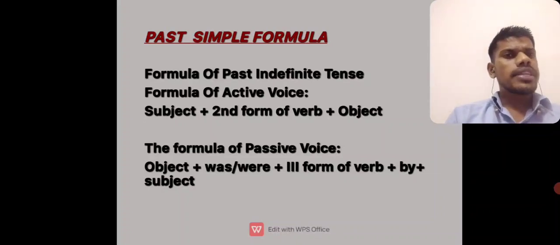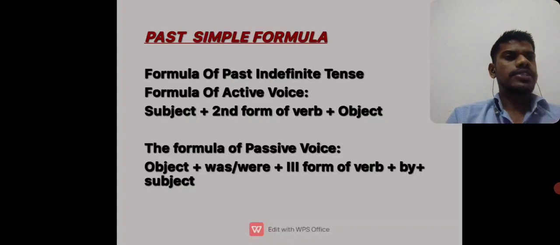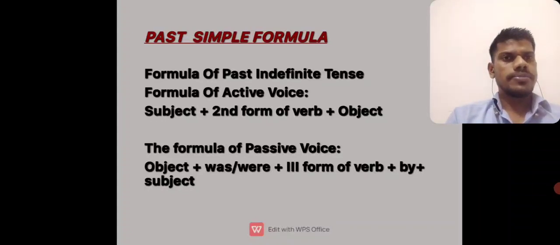Then what will be the structure for passive form? Object has to come first, followed by was, that is be form, past form, was or were. We know where we are using was and were. If you find the object is singular, use was. If you find the object is plural, use were. Plus third form of the verb, plus by, plus subject. This is the structure for passive voice.